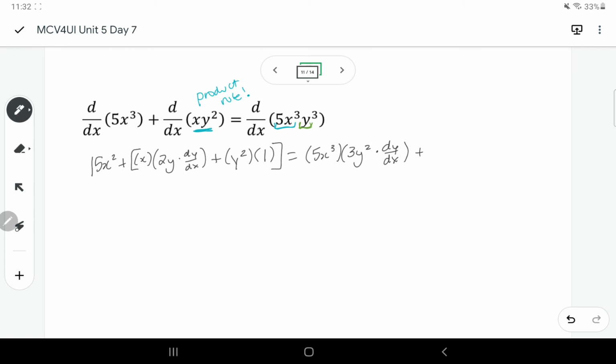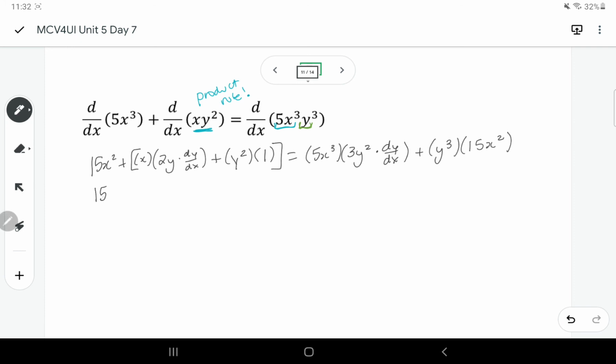Then plus the second factor, y cubed, times the derivative of the first, which is 15x squared. This is not times dy dx because I didn't take a derivative of the y piece. I only had derivative of x, so it would be dx dx, which we don't write at the end. You can write it, but it simplifies things if you don't, okay?